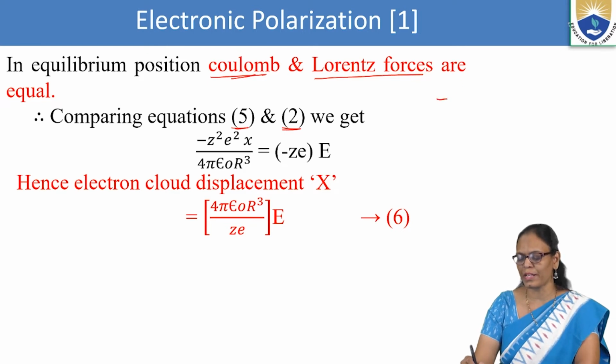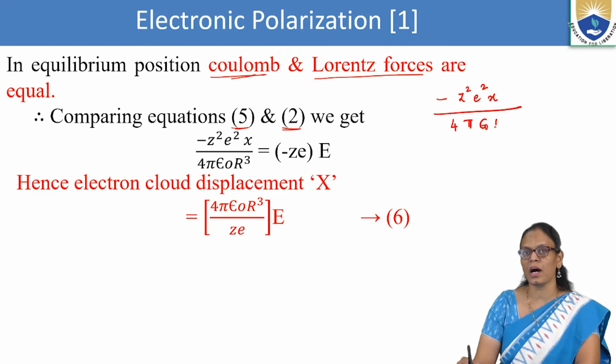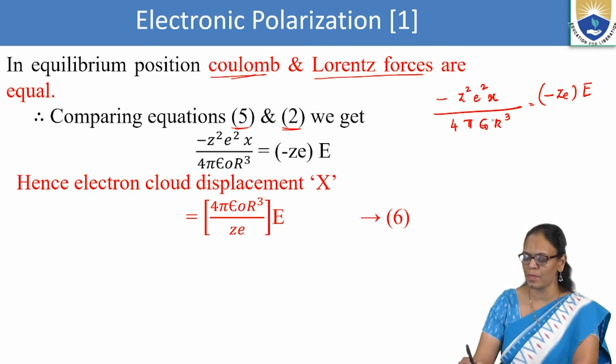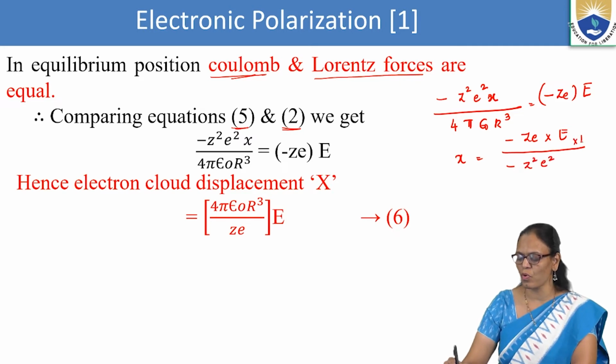So how do we write? Minus Z square e square x upon 4 pi epsilon naught r cube is equal to minus Ze into E. What I want to get is the electron cloud displacement. So I'll just transpose the terms. So x will be equal to minus Ze into E divided by minus Z square e square into 4 pi epsilon naught r cube.